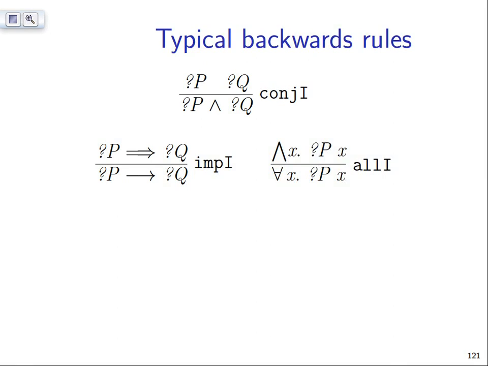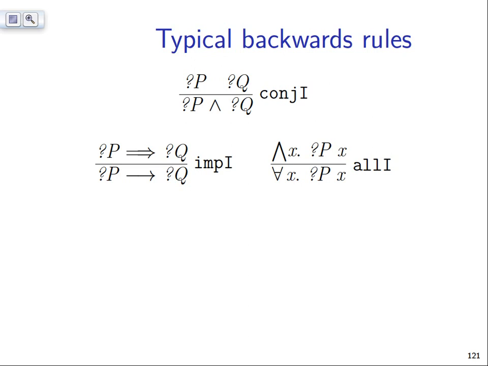Similarly, for the quantifier introduction, if you're trying to prove for all x p of x, well, this rule tells you that you can prove this if you can prove p of x under this other universal quantifier, but this is one that's part of the framework, and therefore, when the system looks at a formula like this, it's saying, oh, I'm really trying to prove P here, and this is just a comment saying, oh, and the X here is a constant in that proof.